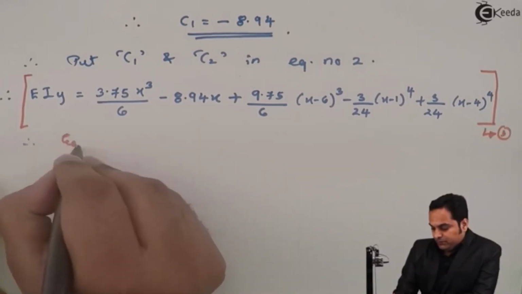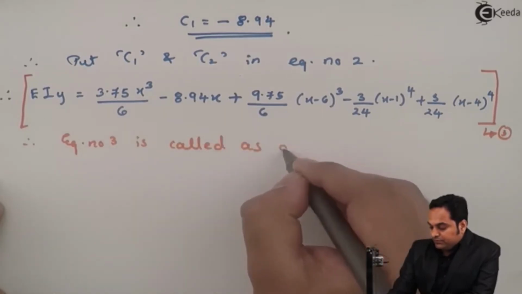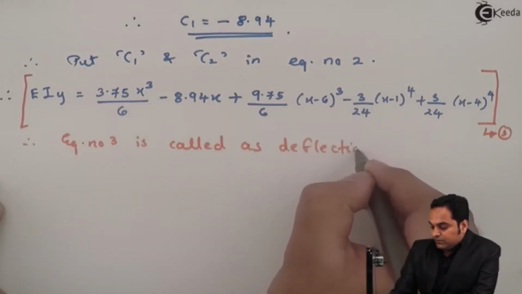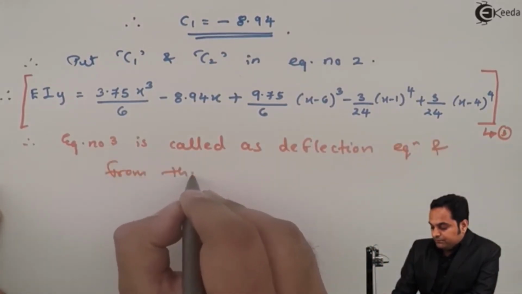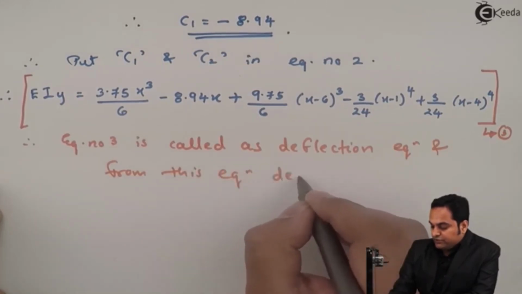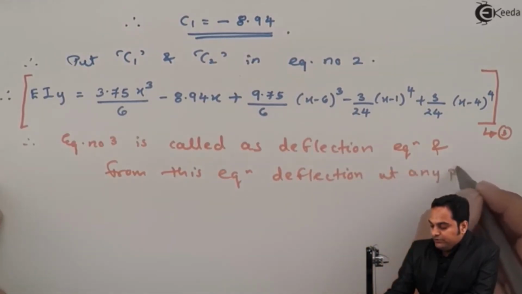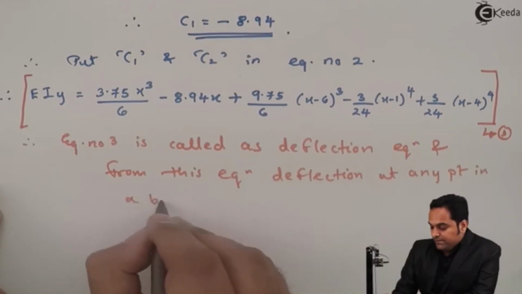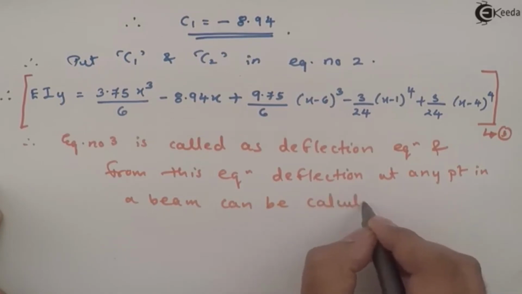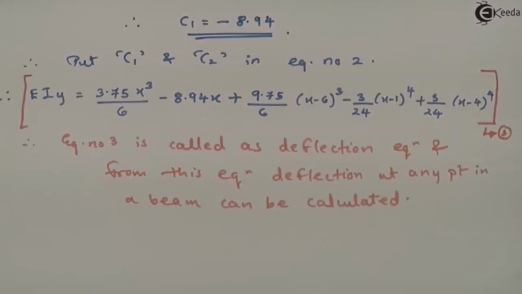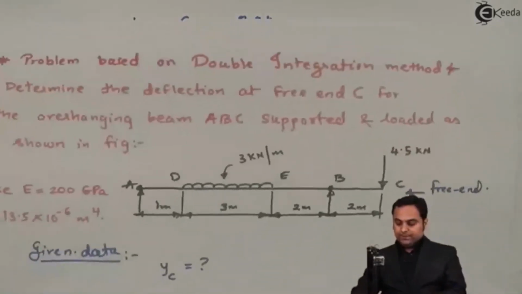Equation number 3 is called the deflection equation, and from this equation, deflection at any point in a beam can be calculated.